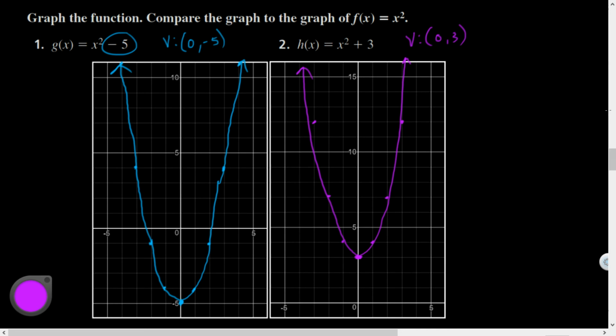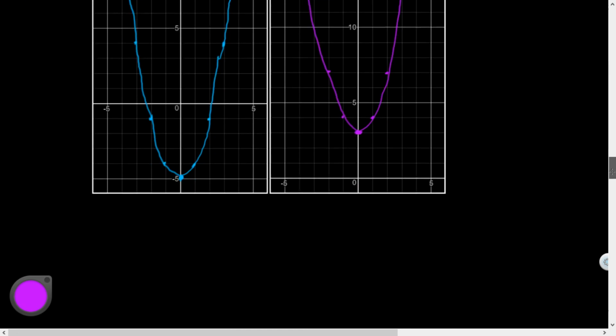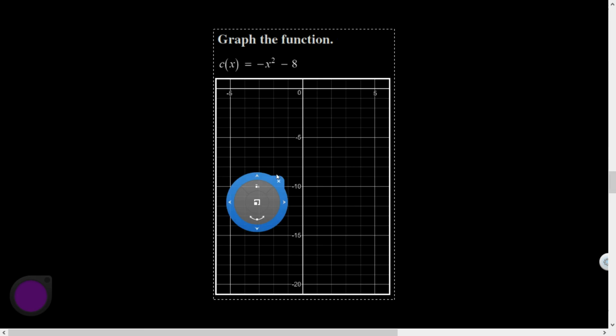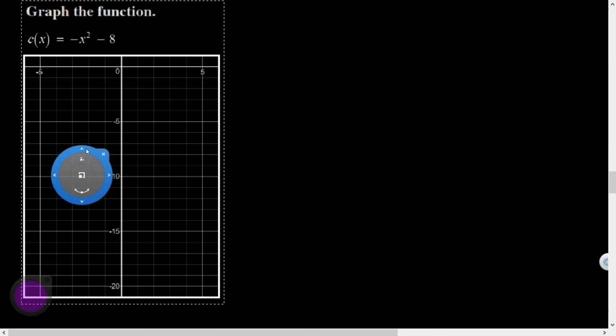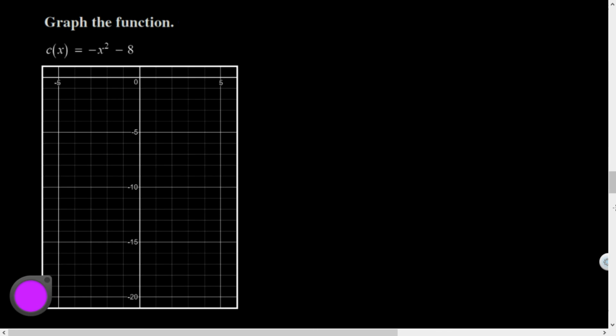Right, it's math. All right, I'll show you today a negative x squared, and let's analyze what this will do. The negative 8 is going to tell me my vertex. I'll even label that: vertex is 0, negative 8.